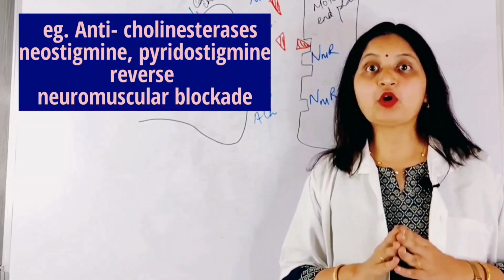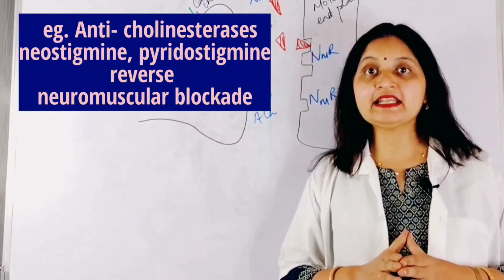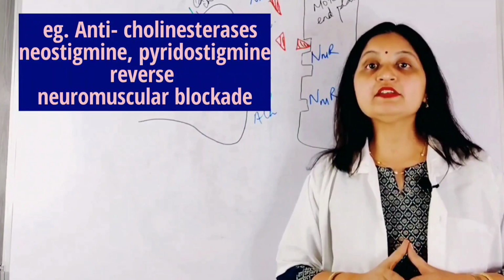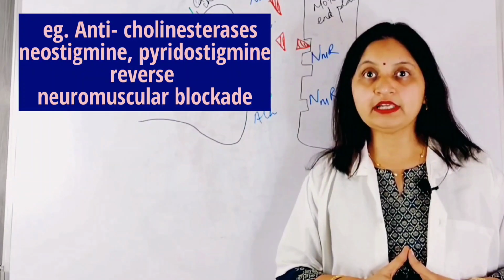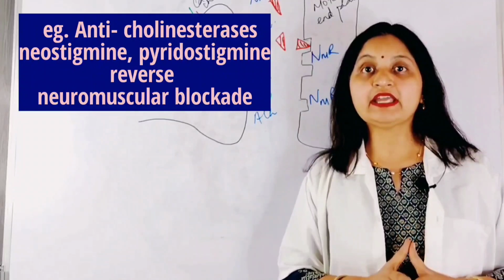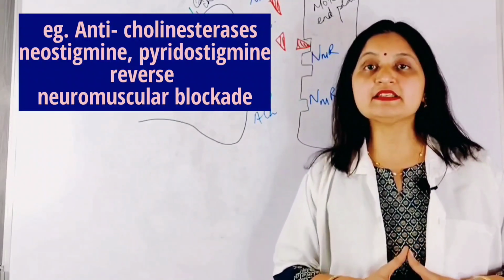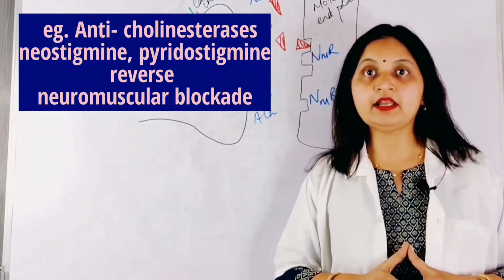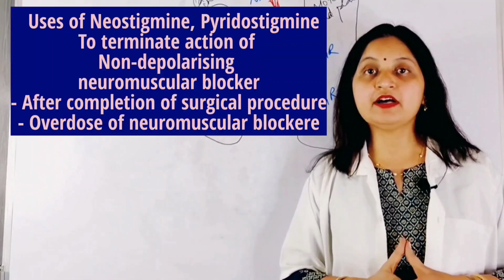So acetylcholine displaces the blocker from the receptor, and the blockade can be reversed.